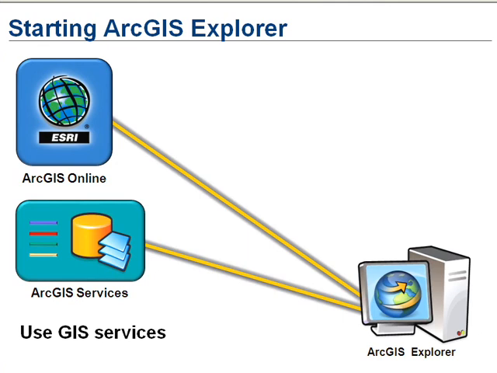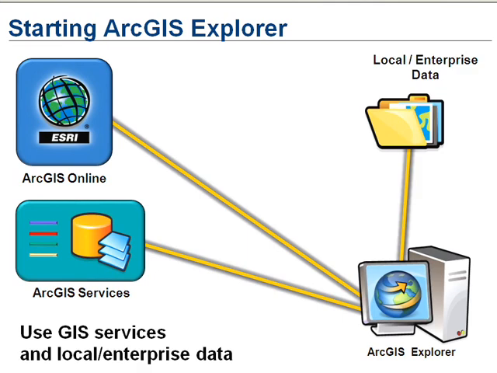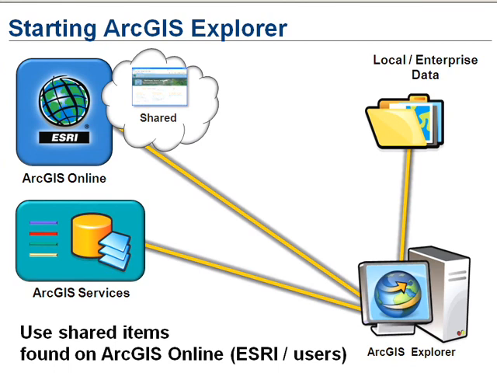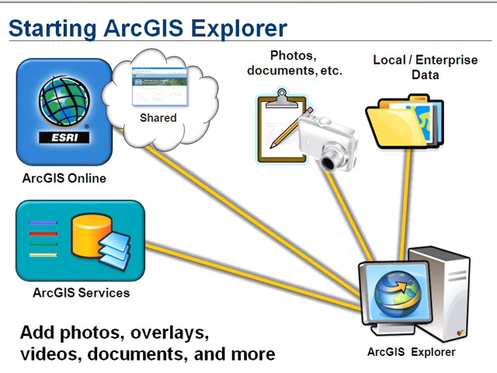You can also connect to other local or enterprise data which may exist within your organizations or within other organizations that you work closely with. You can also take advantage of ArcGIS Online content and use a lot of the shared data that is available there both from Esri and also from other users. ArcGIS Explorer also provides an easy way for you to integrate a wide variety of other information, such as photos, documents, movies, and a lot more.